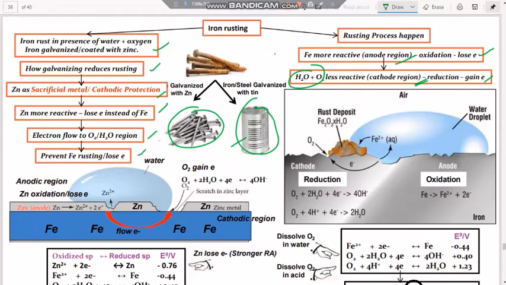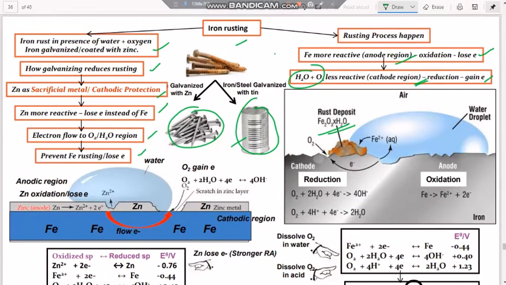That means loss of electrons. So iron loses electrons, that is an oxidation phenomenon, that is rusting of iron, and it can be controlled by coating the surface of iron with zinc. Here, if you observe the picture, the rust deposit is formed as Fe2O3, and Fe2 plus is iron with oxygen.